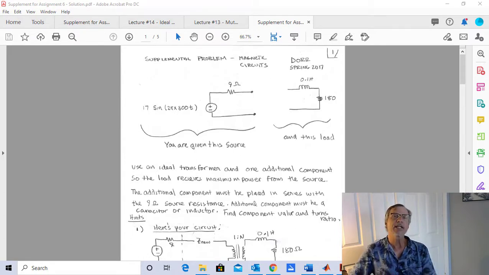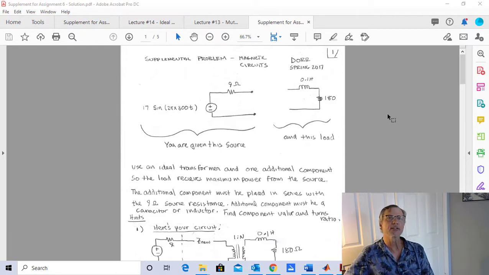So what is impedance matching? You've heard me say that impedance matching, power factor correction, and maximum power transfer are all the same thing. I want you to think of them this way, because then it'll make them all easy for you.